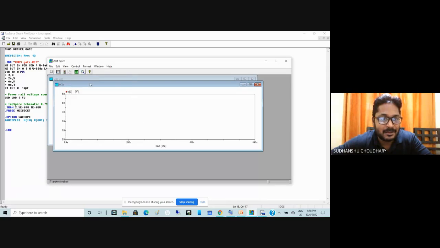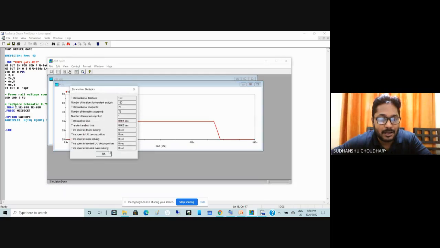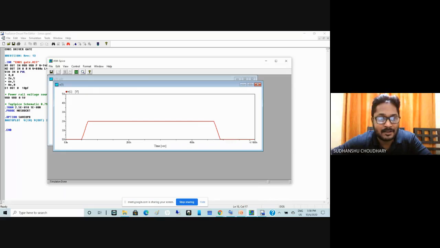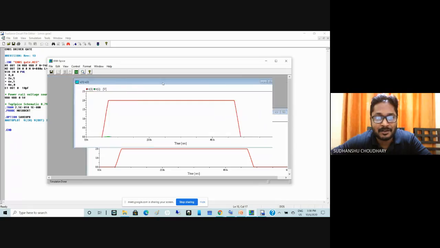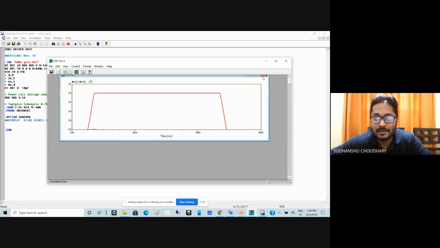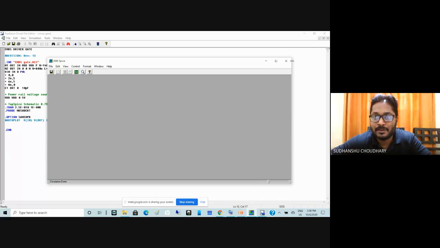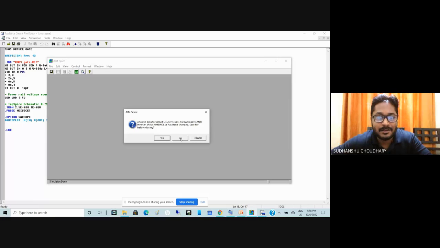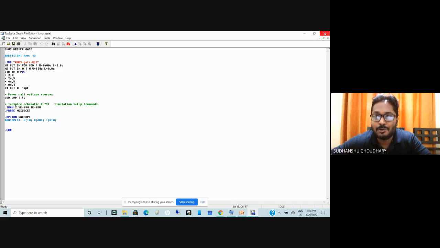I say this, and then I run it. So I get the input transient waveform that I supplied. Similarly, the outputs at other nodes in the circuit can also be traced. So this is the input transient which I applied. Similarly, you can achieve this. You can perform simulations on any of the software, not just AIM Spice or TopSpice, but LTspice is also a very good software. So that also you can utilize.